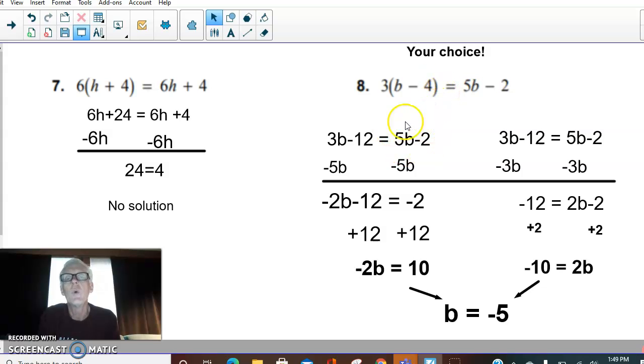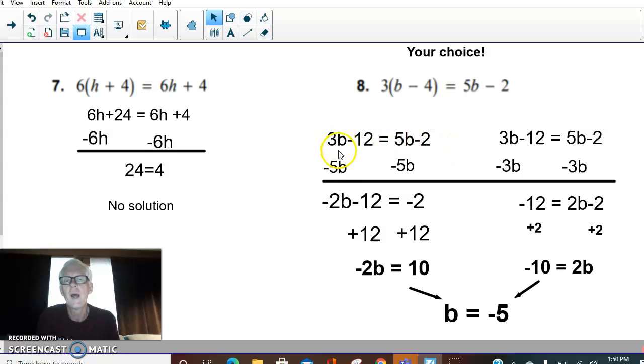So you can now do it one of two ways. I put one way on the left, one way on the right. On the left, let's say we wanted to subtract 5b from both sides. On the right, I can subtract 3b from both sides. It doesn't matter which way you go as long as you're careful and do all the steps correctly. You'll get the same answer.